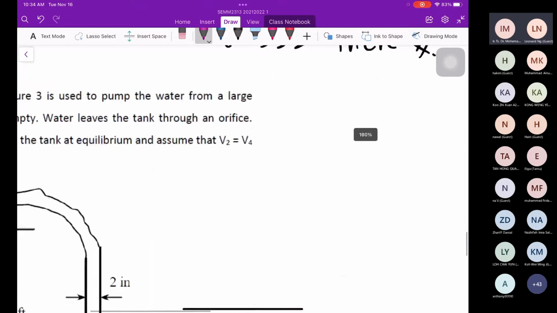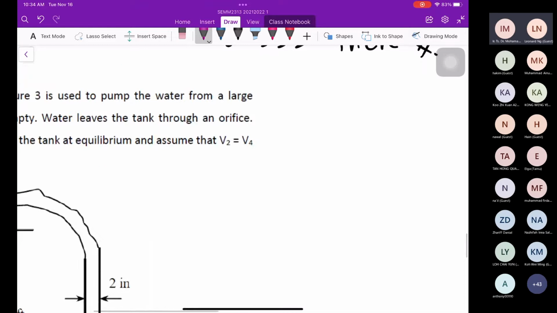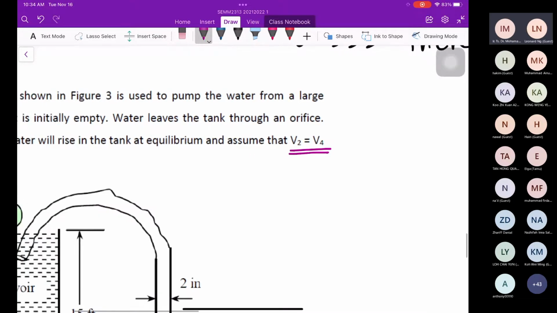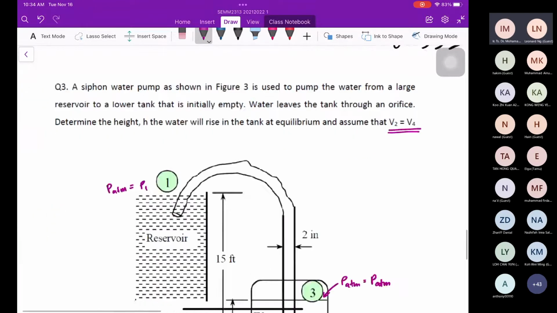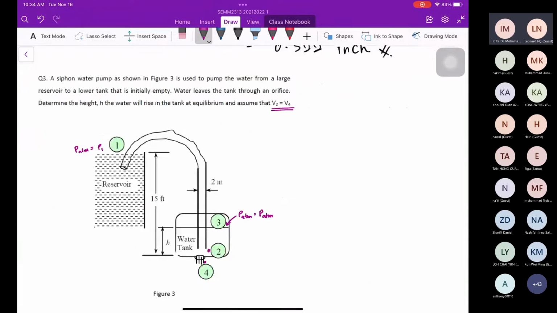And the hint given is V2 equal to V4. So we should find V2 first, and then we should find V4. After that, equate V2 equal to V4. We have points 1, 2, 3, and 4.